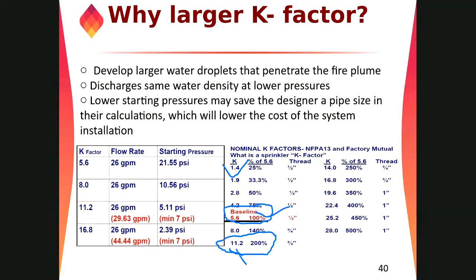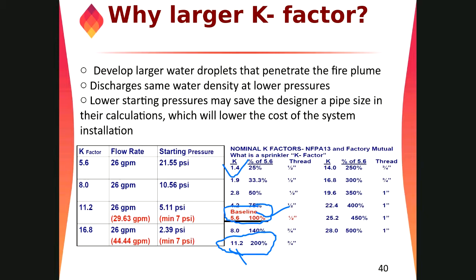Most of the sprinkler systems installed in warehouses, like ESFR or CMSA or CMDA, those sprinklers need a K factor starting from a minimum of 11.2. We cannot install a K factor of 5.6 in those areas because we want enough quantity of water to fight those challenges of fire. So this is the idea.